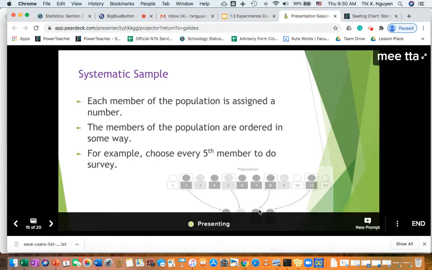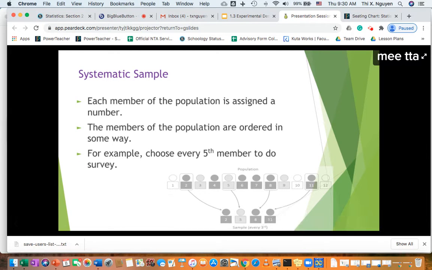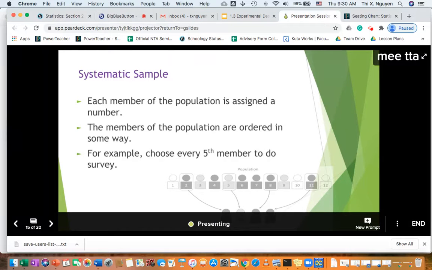The example I have on the bottom is for the population: I'm just going to do every 3rd. I start with 2, then I skip 2, and I do the 5th. I skip 2, I do the next one. I skip 2, and I pull the 3rd one. So that would be a pattern. I skip every 2 people and then I give my survey. So I sample every 3rd person.